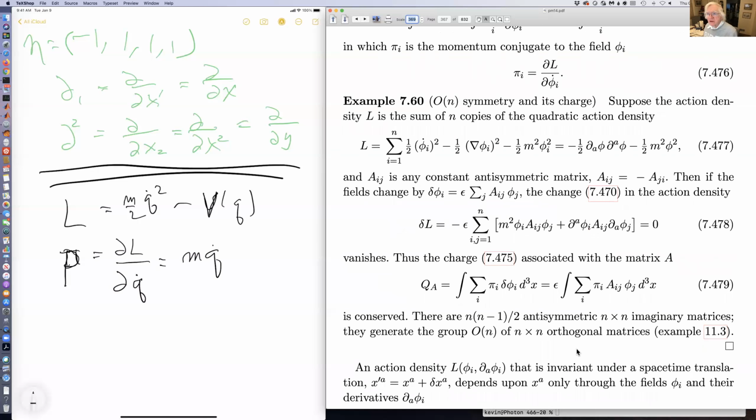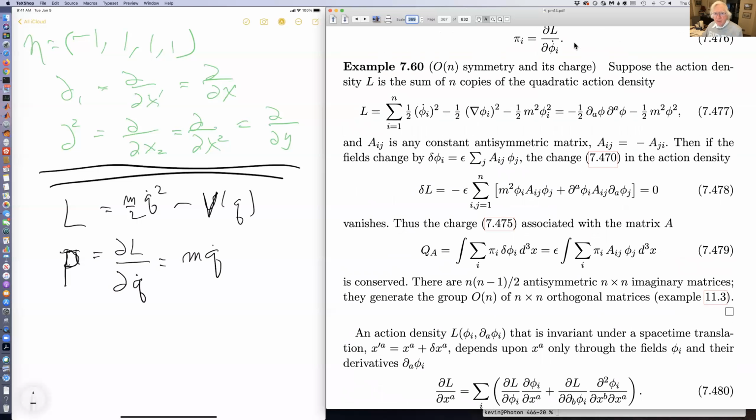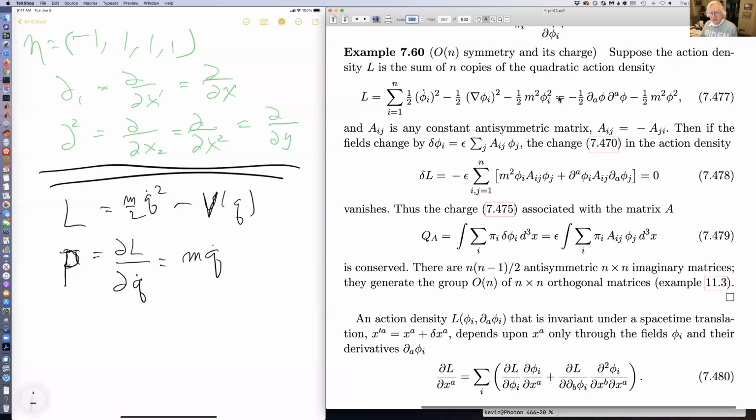Anyway, we can make various examples of this. Suppose the action density is a sum of n copies of a quadratic action density. Then what you've got here is a rotational symmetry in n dimensions. If you use phi as a vector, then it's the dot product of the phi's here and here.